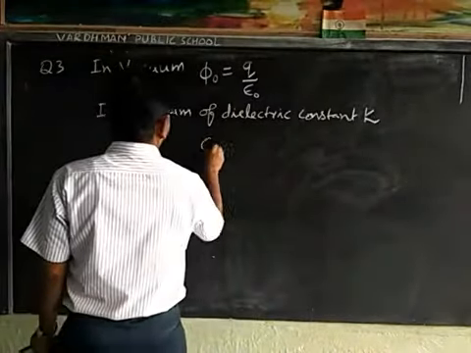It is given that the value of the dielectric constant is 6. Thus phi 0 upon phi K is equal to 6 upon 1, that is, the ratio is 6 to 1.